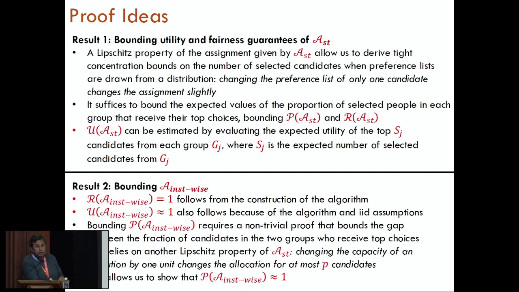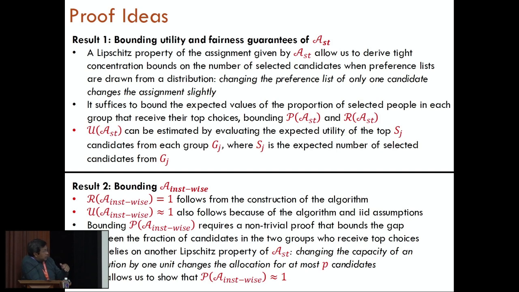Okay, so just a quick word about proof ideas. I think both of these proofs rely on some new properties of the traditional or the standard Gale-Shapley algorithm, in particular some algorithmic stability properties.